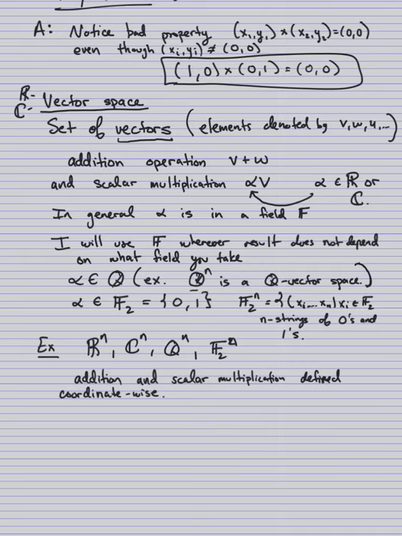Okay, so what I would like to do now is actually give you more examples of vector spaces, ones that don't look at first glance like any of these examples.